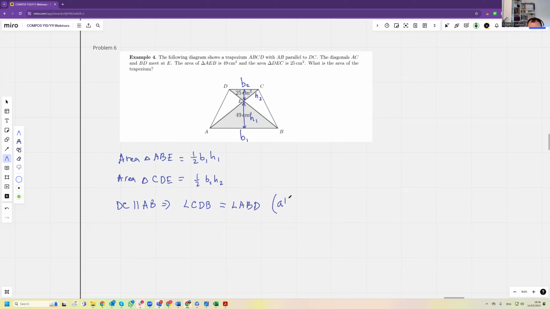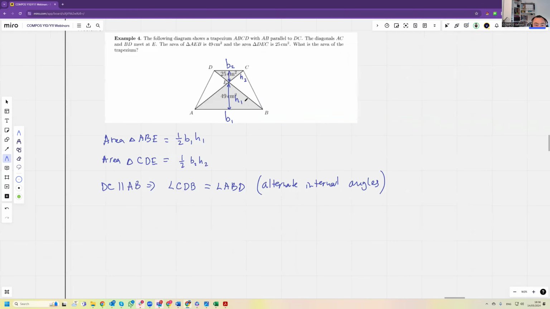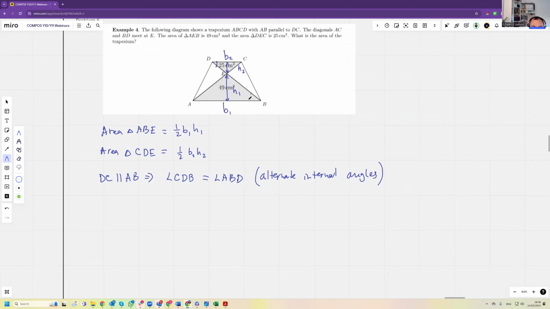They are alternate interior angles. So this angle is equal to this angle.